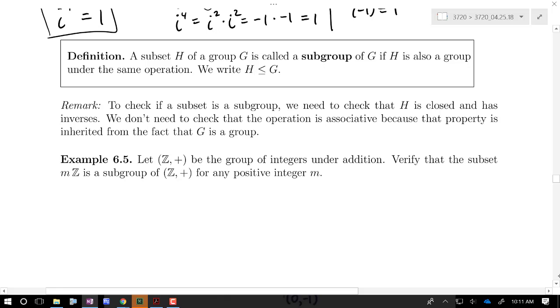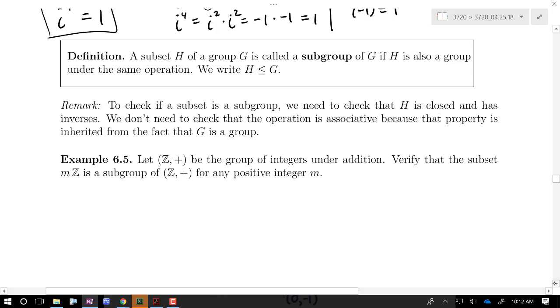But what we would need to check is that it's closed. We know G is closed, but we want to make sure that H is closed. That if I take two elements in the smaller subset and smash them together, it doesn't send me outside somewhere else in the group. And we want to make sure that it has inverses. So those are the basic things that we need to check. Obviously, it does need to have the identity as well, because a group needs to have an identity element.